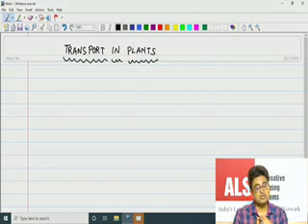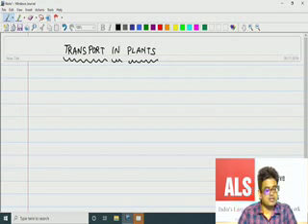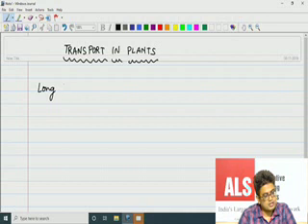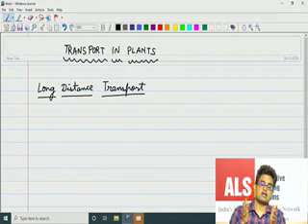Then we talked about diffusion, facilitated diffusion, and also active transport. Now what remains is long distance transport of substances, which includes transport of water through xylem and transport of food substances through phloem.